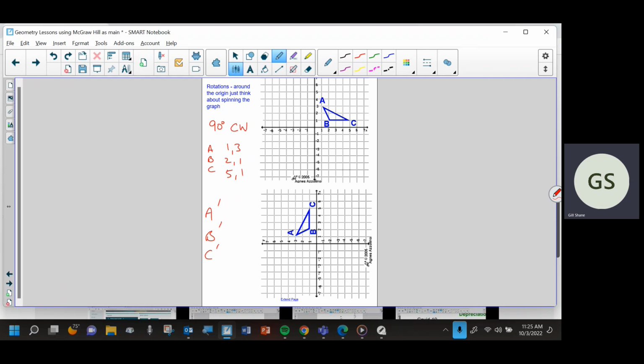You have to treat this now like it's the x-axis and this is the y-axis. So A' is now -3, 1. B' is now -1, 2. And C' is now -1, 5. There's your new points. Just rotate the whole graphic.